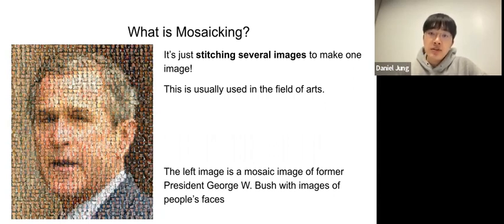This is usually used in the field of art, like the picture on the left. If you look closely, it's actually a collection of face images of multiple people. Using the face images of multiple people, the artists have made a mosaic image of former President George W. Bush.